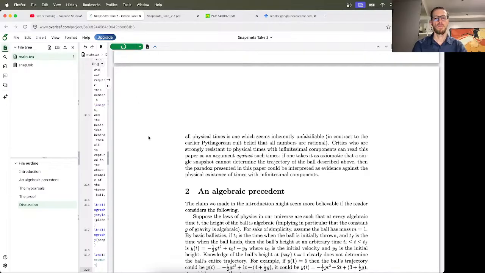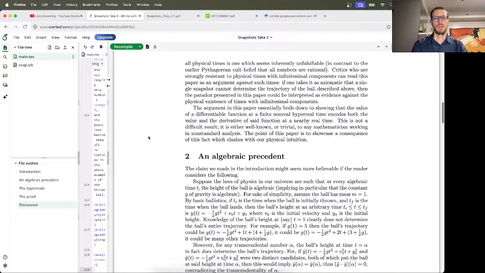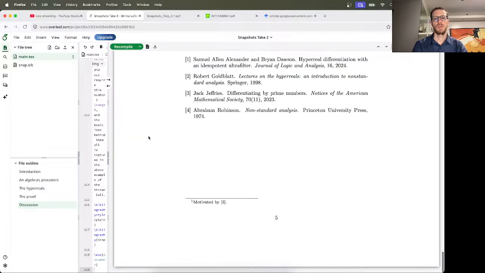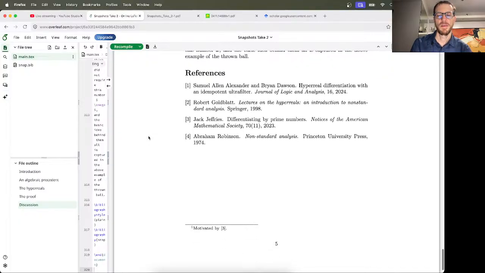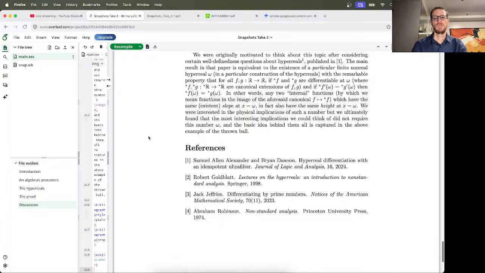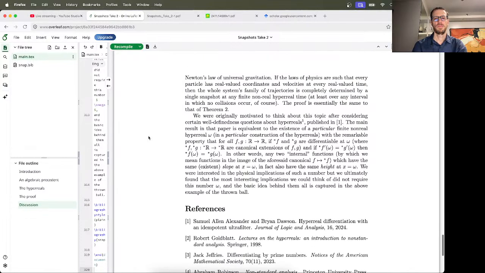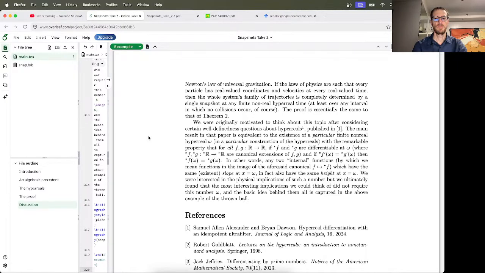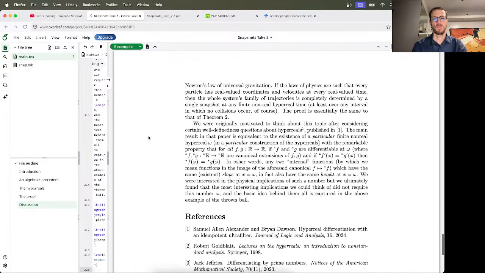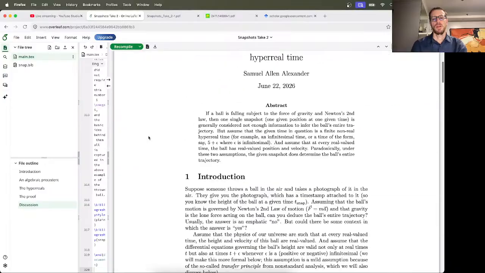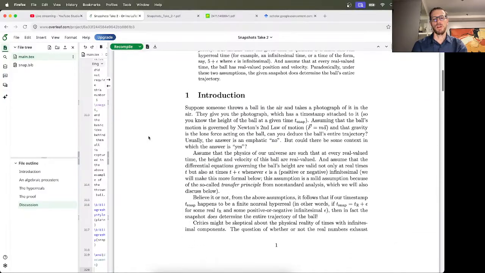Recompile that. Okay, this is a pretty good polished paper now, I think.